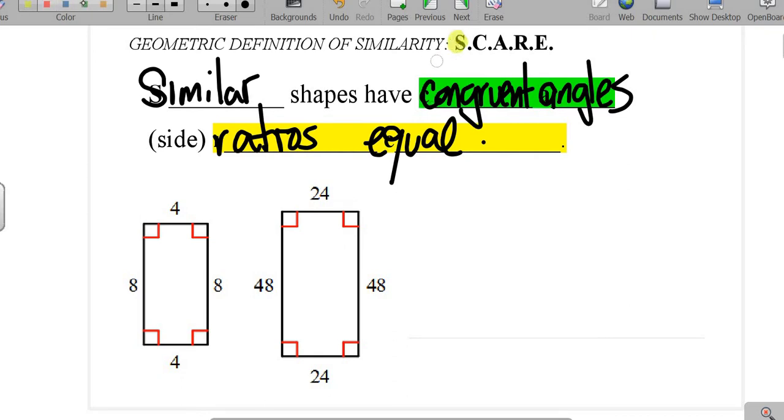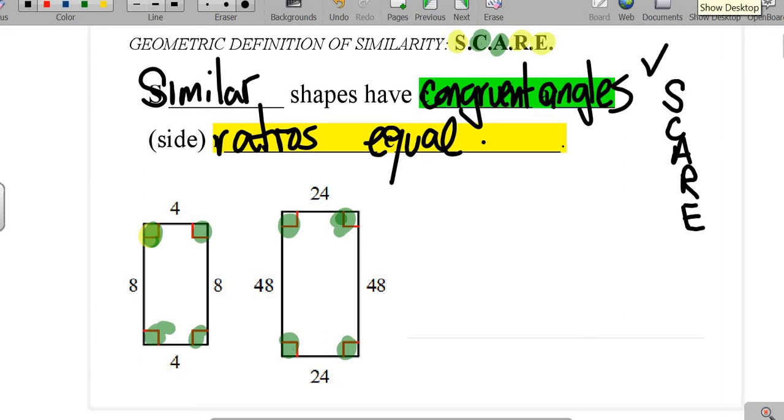Similar shapes have congruent angles and ratios which are equal. Let me explain. So here in these two shapes, you can see that the corresponding angles are congruent all the way through. So check, we have congruent angles.